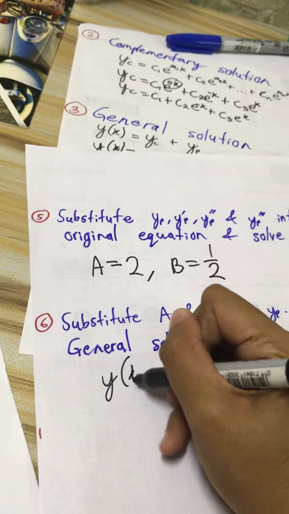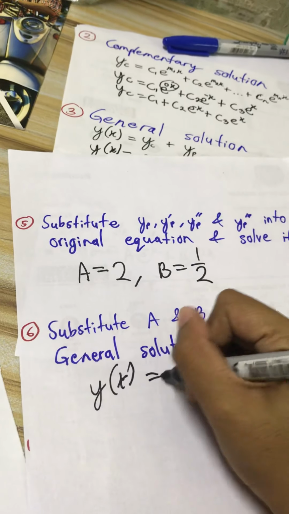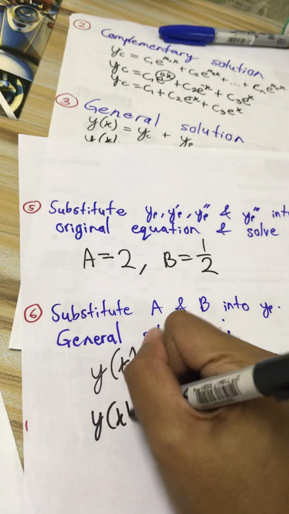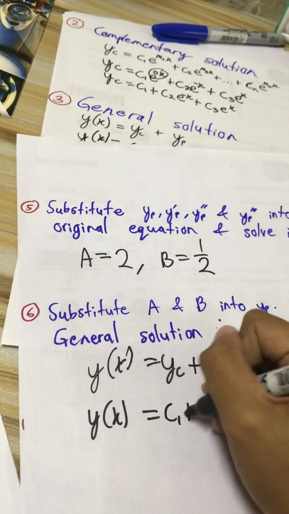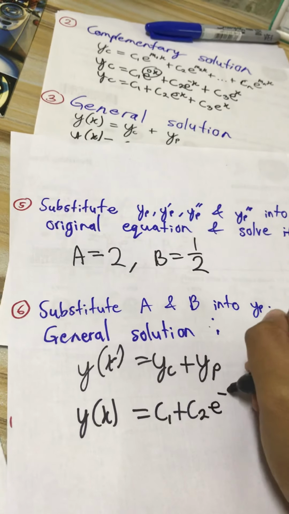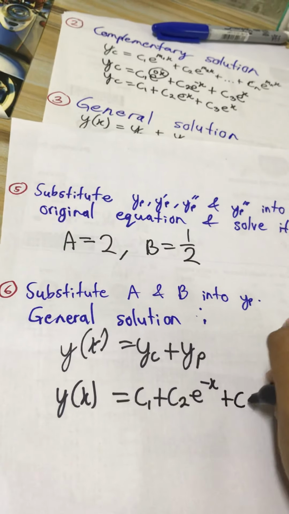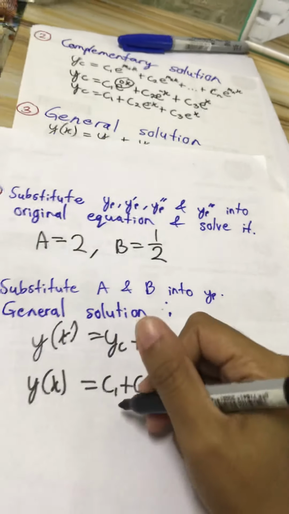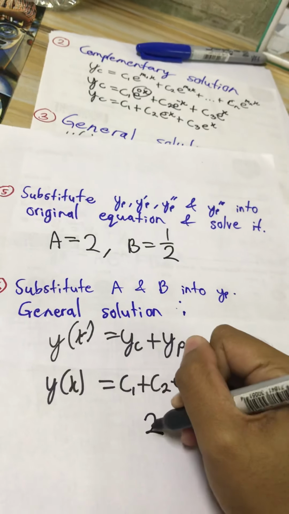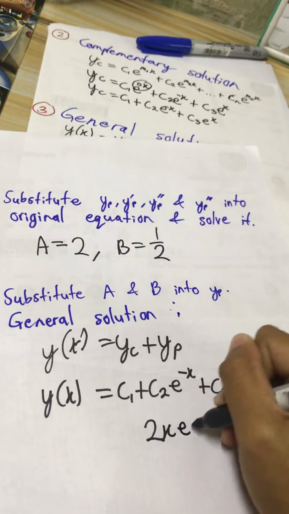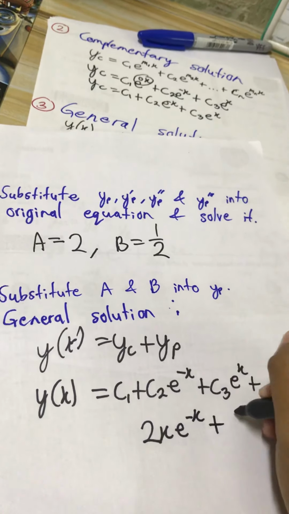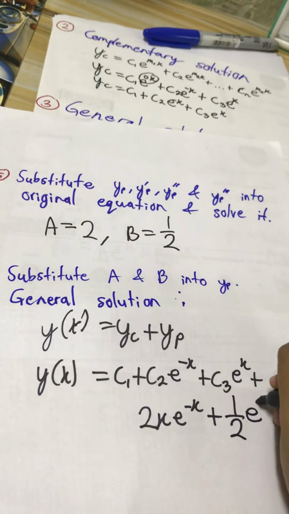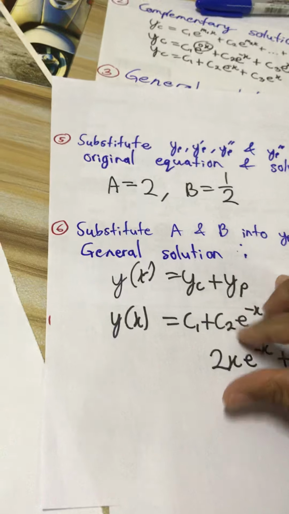The general solution is yc plus yp. So the general solution becomes c1 plus c2 e power of minus x plus c3 e power of x plus yp. Yp is 2 x e power of minus x plus 1/2 exponential of 2x. So here we get the general solution.